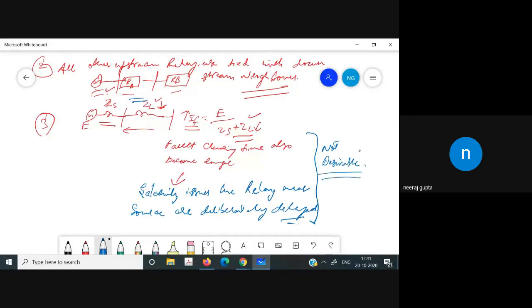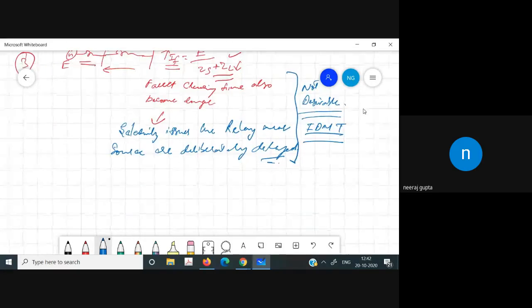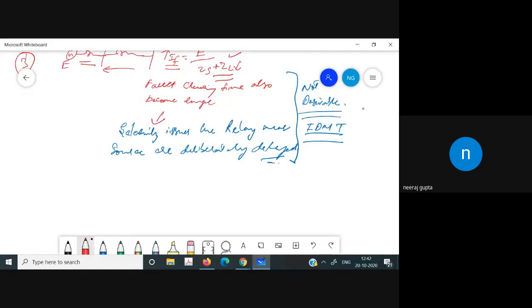This is not desirable. However, it can be shown that a significant improvement in fault clearing time can be obtained if we use the IDMT relay.